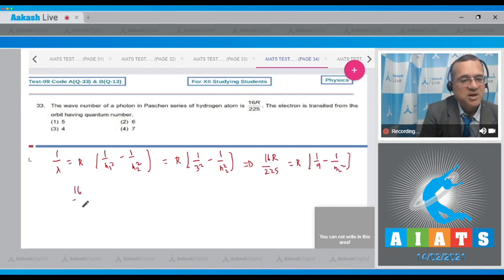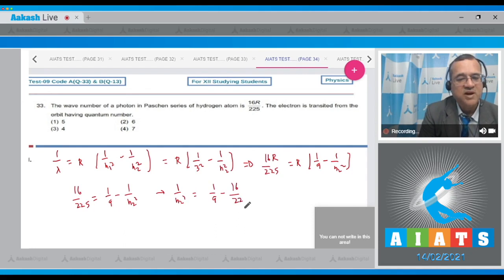Now 16/225 = 1/9 − 1/n2². Therefore, 1/n2² becomes 1/9 − 16/225, and you can multiply and divide by 25.